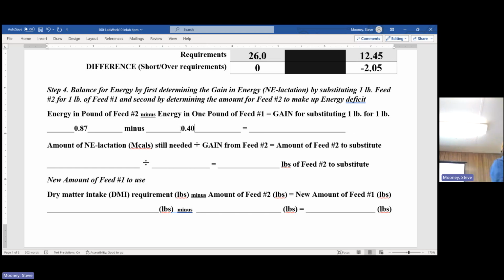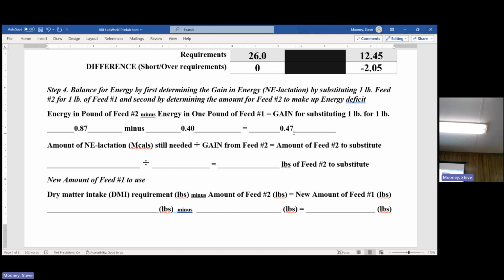So every time I pull out 1 pound of dry matter from grass silage and put back 1 pound of cracked corn, I'm going to gain megacalories. The pile will get that much more. 1.47 megacalories every time I make that swap.